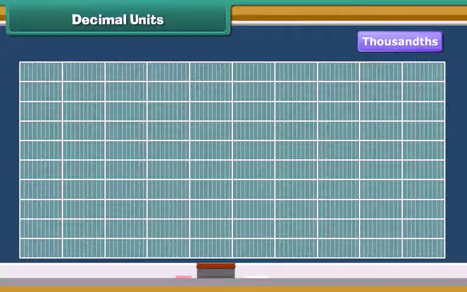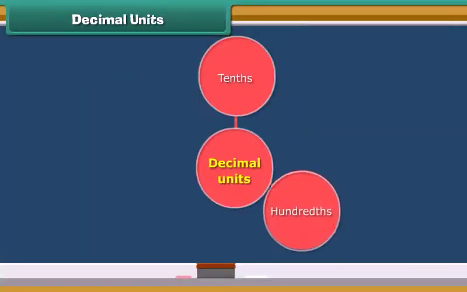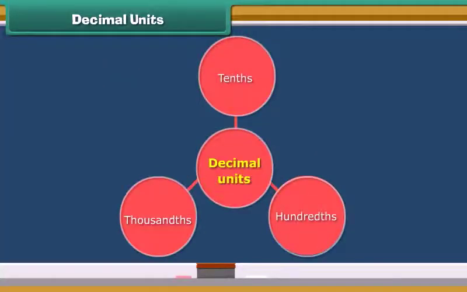Dividing those rectangles into 10 smaller rectangles, we have 10 times hundredths or thousand parts of 1, that is thousandths. So, the fractions tenths, hundredths, thousandths are called decimal units.